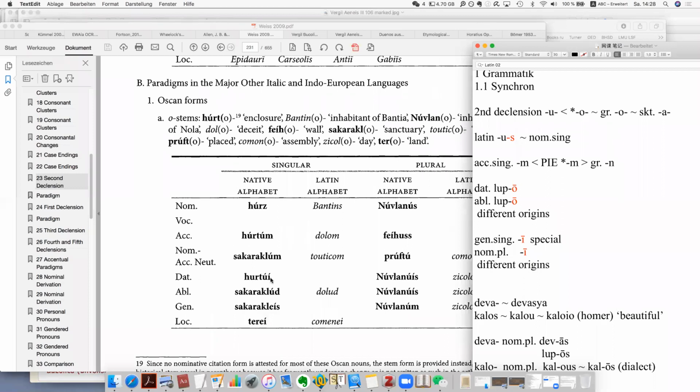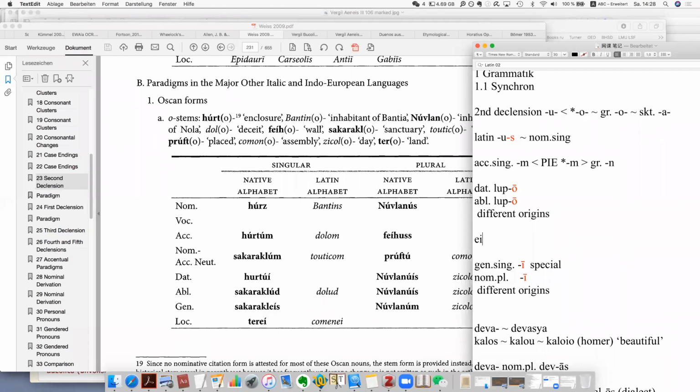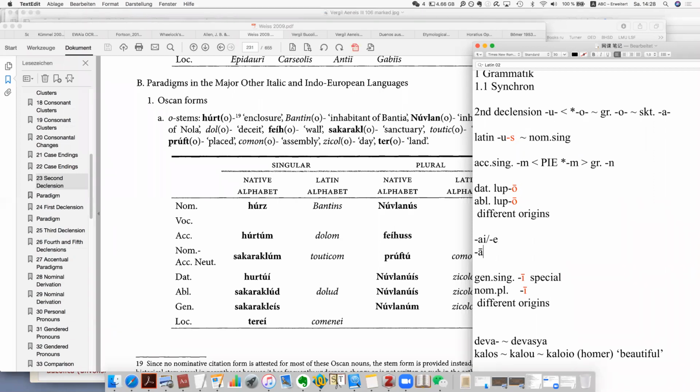Here, dative is E, and ablative is D, right? So it's actually just like the Sanskrit. The Sanskrit can end in I or A, right? It's actually like the Sanskrit.